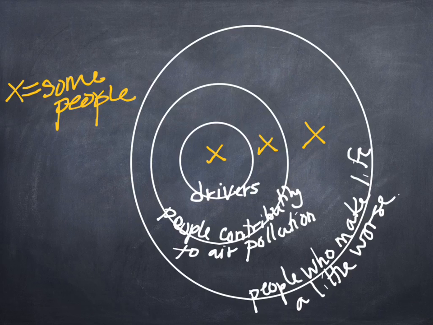You have to remember why we put the X's there. We put the X's there because they could be there. Do they have to be there? No, they don't have to be in all those spots. Could they? Yes. So if it said some people could drive, well, it could. But do they have to? No. So this argument is invalid.